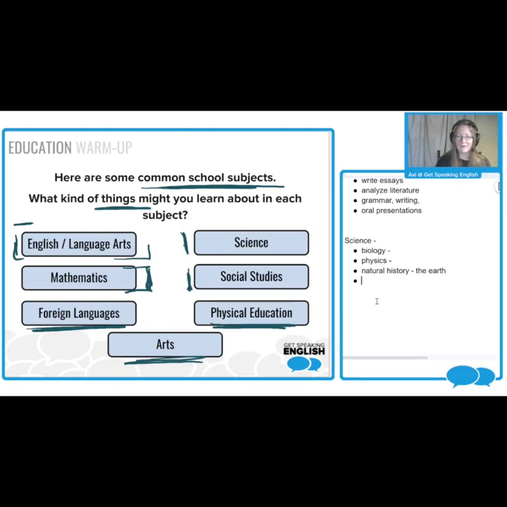Under here it's also really common, because a lot of math is discussed when we are talking about science, to have equations or formulae. Those might come up when we're talking about science. And again, feel free to throw in your ideas.